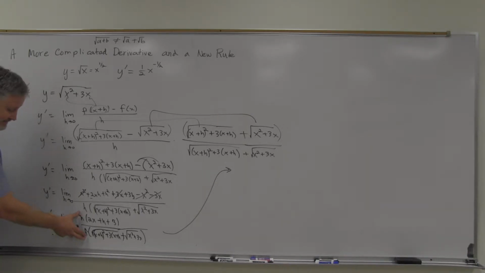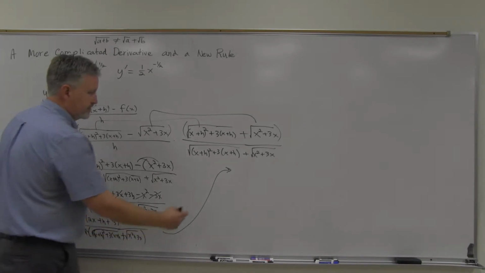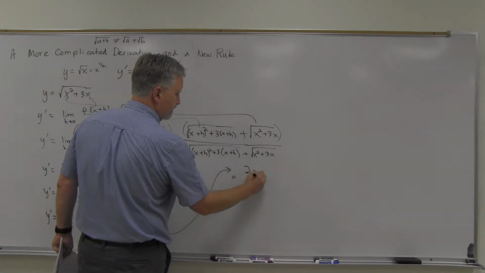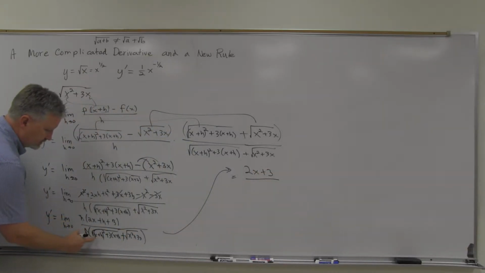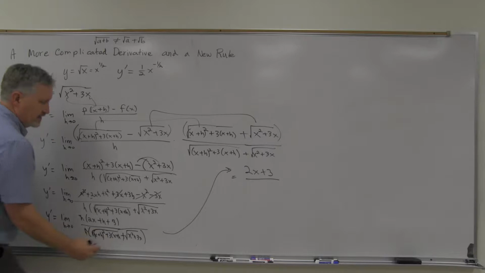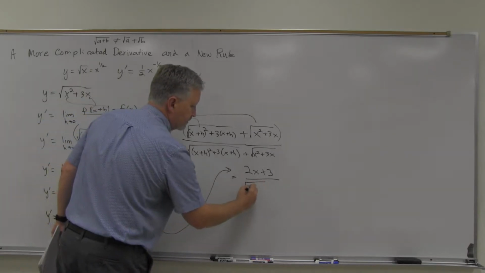So I've got rid of the h's. What can I do? Now I can plug in h to be 0 because the denominator does not go to 0 now. So 2x plus 0 plus 3, so it'd be 2x plus 3. H is 0, so that'd be x squared plus 3x, square root.